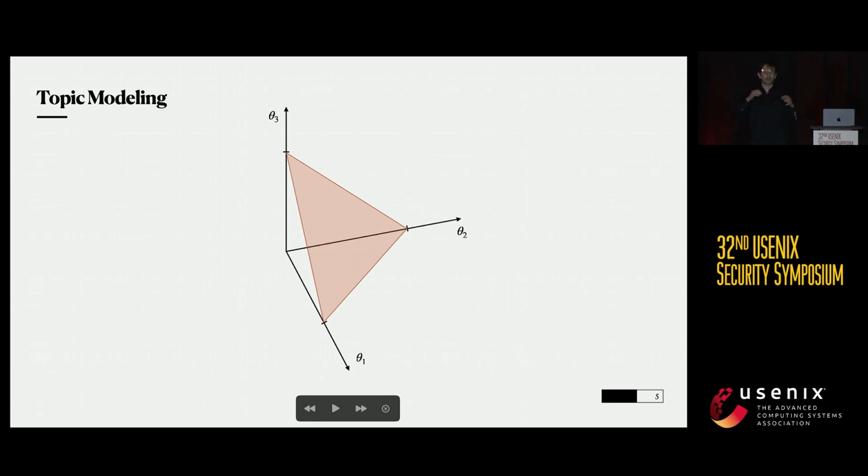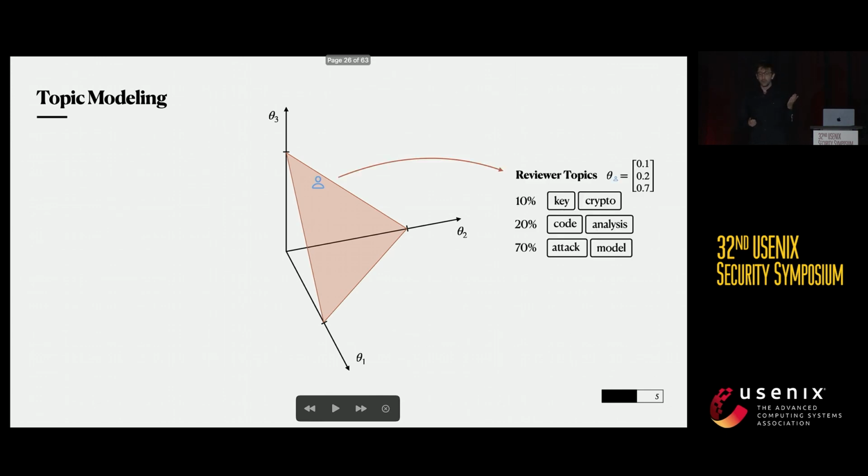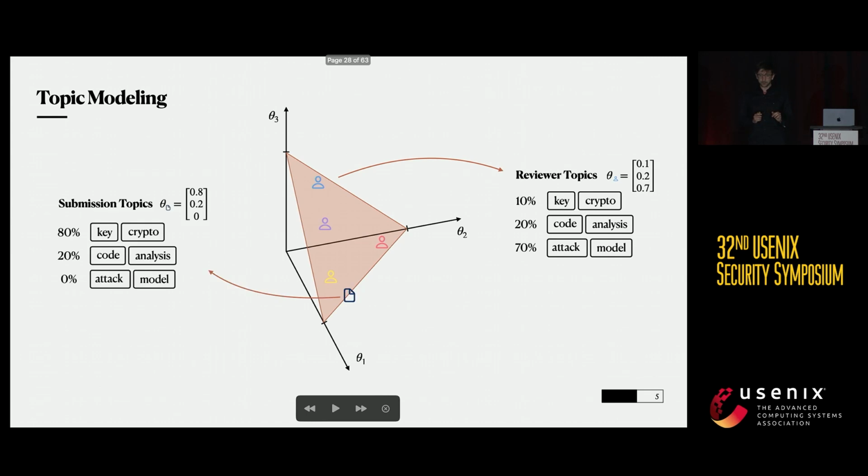We extract from the whole set of papers the bag of words vector, and then apply the topic extractor, and then we arrive in this topic space. Here, as an example, we have a reviewer who has a topic mixture of 70% machine learning security and a little bit of code analysis. Then we have other reviewers that are in other areas of the space.